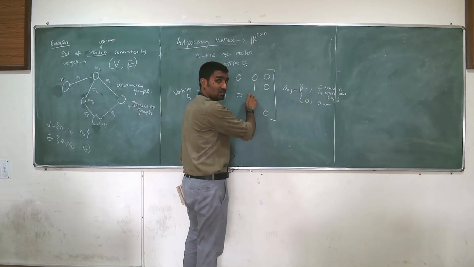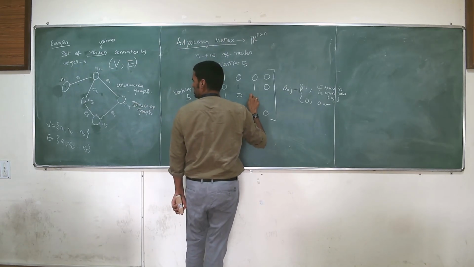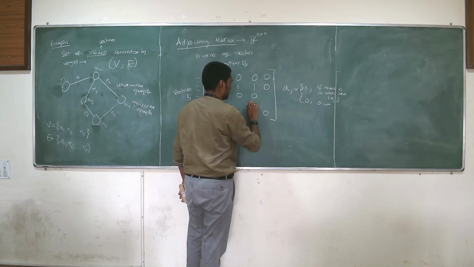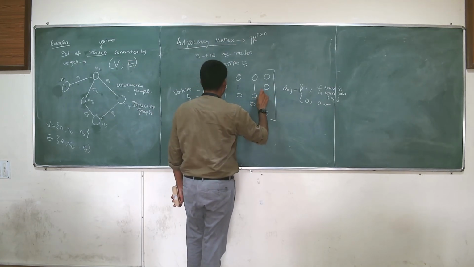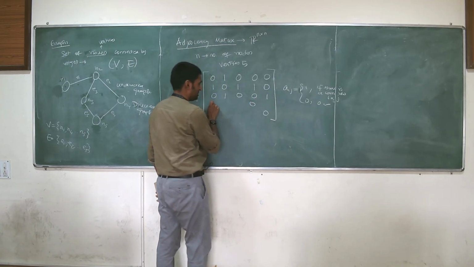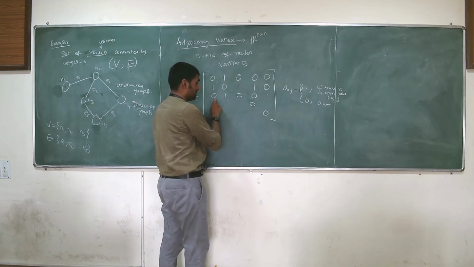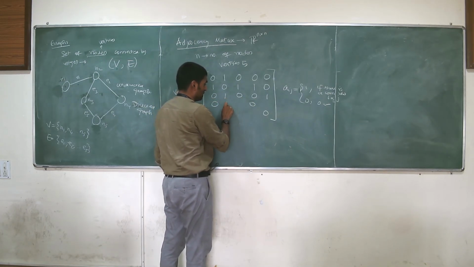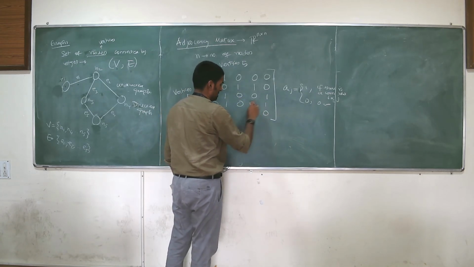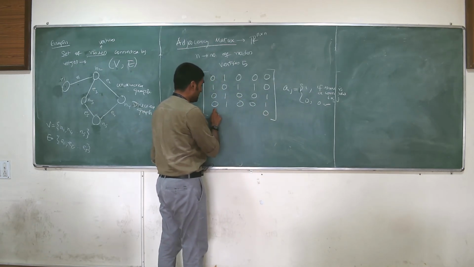Sorry, 3, 4. 3, 4 is 0. Is 1? 3, 5 is. Just say it out. What are the elements here? 0, 1. Is that right? Okay. And the last one?